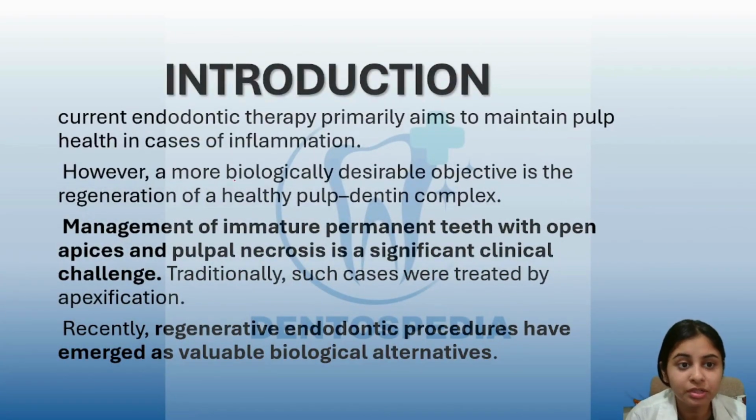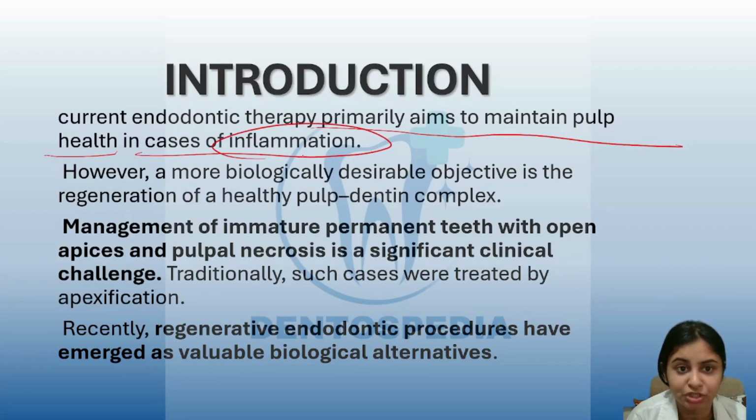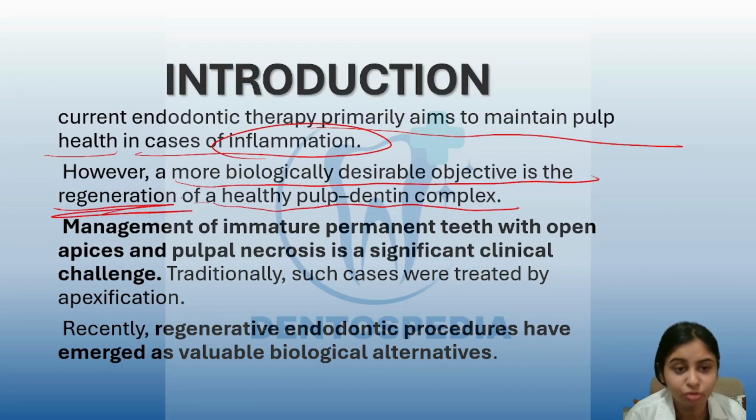Coming to introduction, here the current endodontic therapy primarily aims to maintain the pulp health in cases of inflammation. So we already know how the current endodontic therapy works. It works by maintaining the pulp health. However, a more biologically desirable objective is the regeneration of a healthy pulp dentin complex.